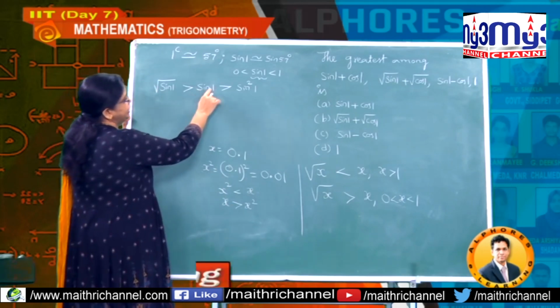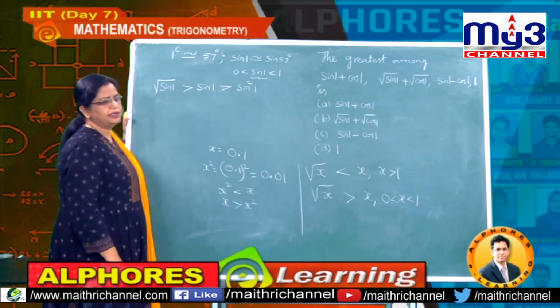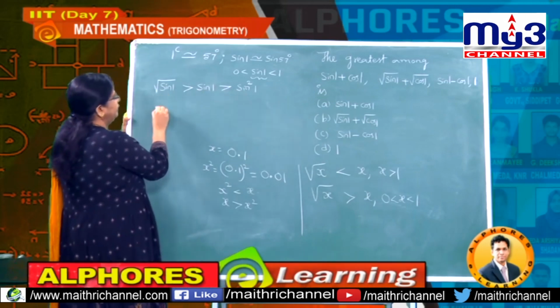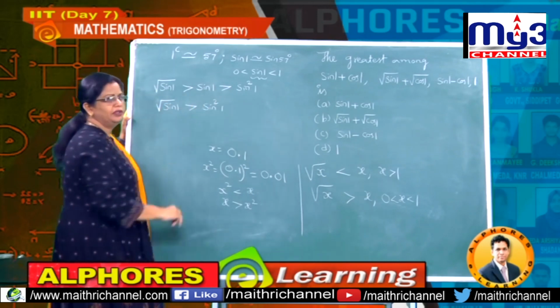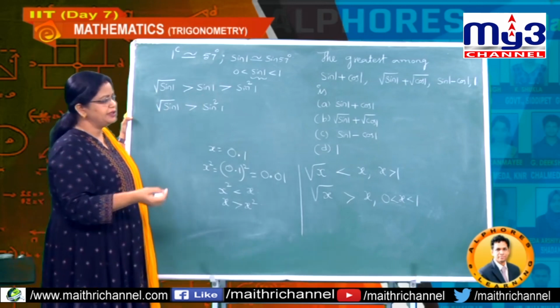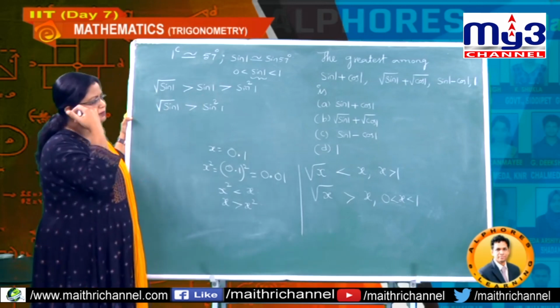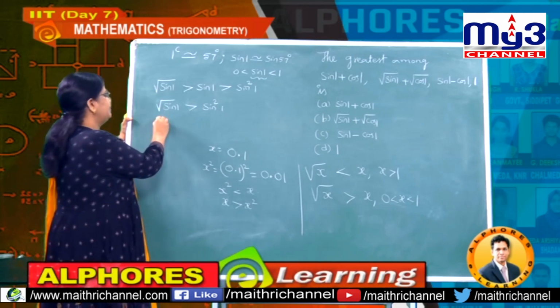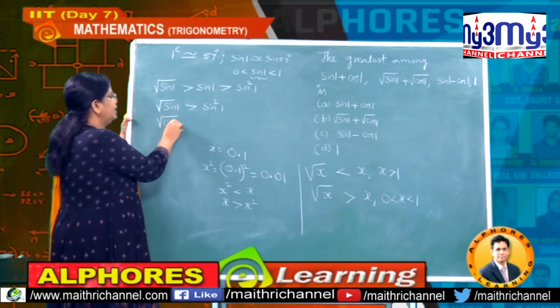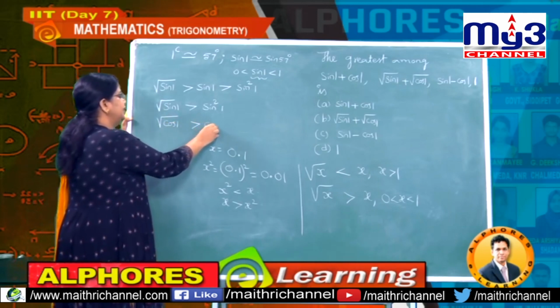Hence, you got sine 1 greater than sine square 1. Therefore, root sine 1 is greater than sine square 1. In the same way, because cosine also has the same kind of range, and 1 is an acute angle of 57 degrees, the same rule is applicable for cosine also.